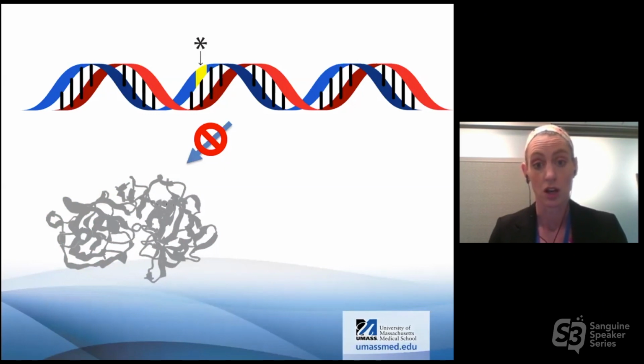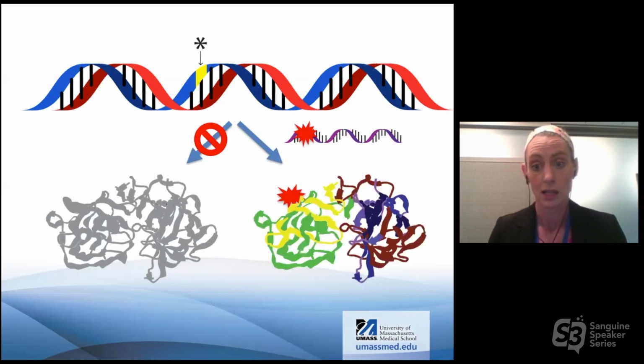You can have a change that causes the RNA not to be made and then the protein not to be made. You can also have a change that just causes a different RNA to be made, and then you get a protein that potentially doesn't have function or has a different function.